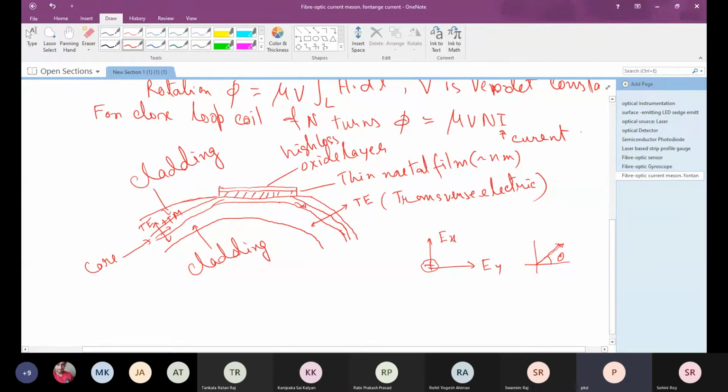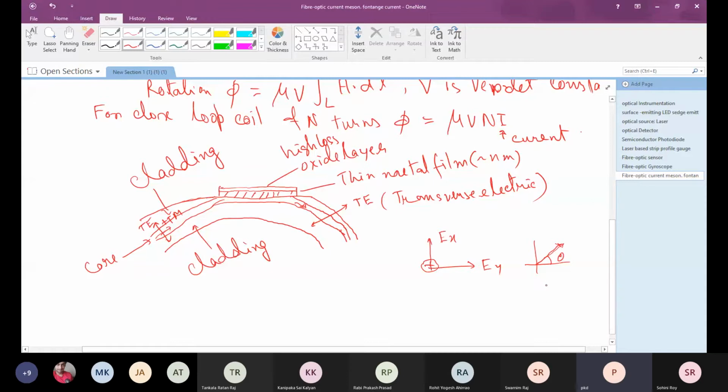So both Ex and Ey will contribute. But if there is only Ex, then that will be only vertically polarized, and if there is only Ey, that is horizontally polarized. Now, if it is polarized at an angle theta, essentially it has equal components of Ex and Ey.